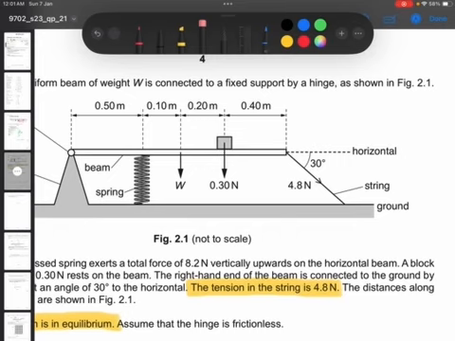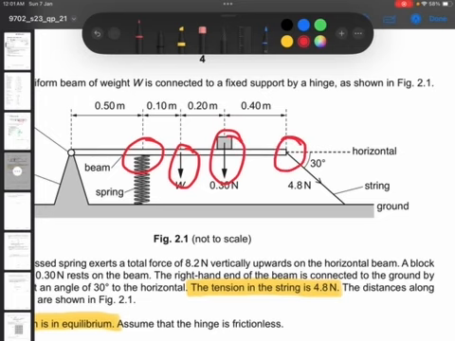So the forces which we're going to focus on are the force here due to the spring, the force due to the weight of the beam, the force due to this block, and then the force due to the tension. And we are going to apply the definition of moment. A moment of a force is the force multiplied by its perpendicular distance from the pivot.